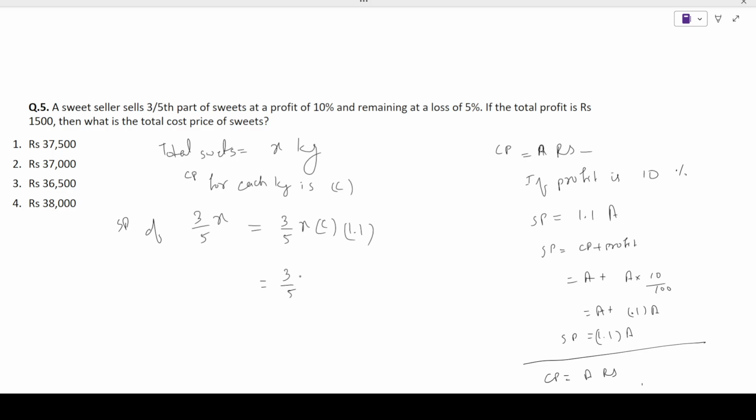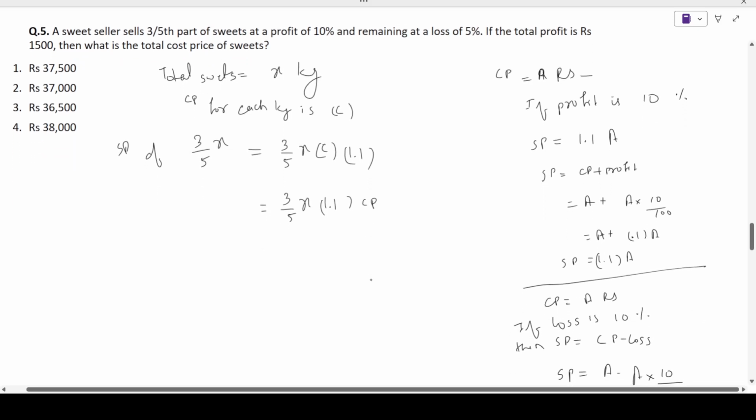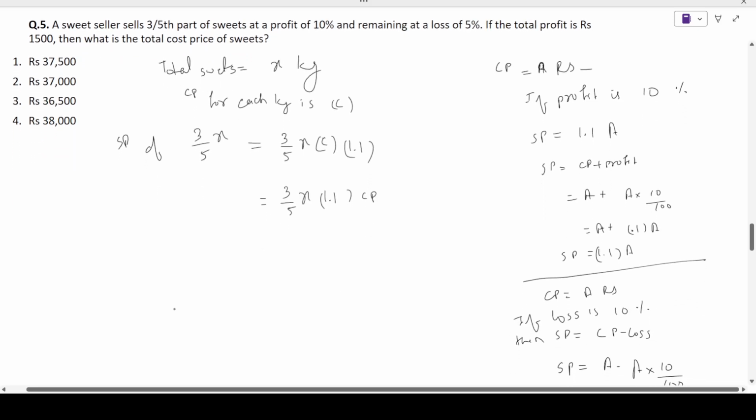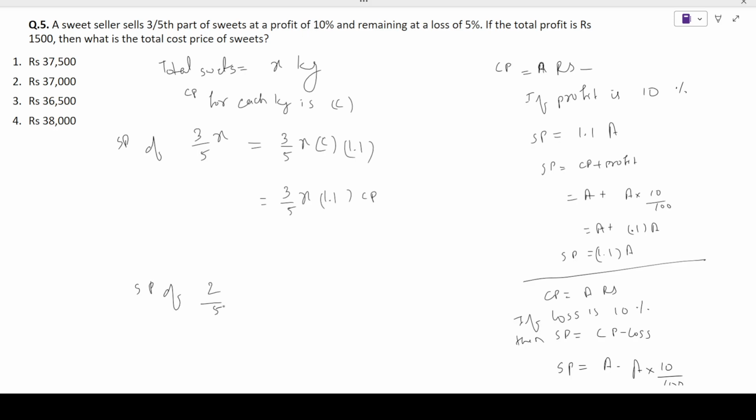For 3 by 5 parts of this sweet, we have 1.1 times of cost price, and the remaining part is sold at a loss of 5%, that is selling price of 2 by 5 x into 5% loss, which means 0.95 times of CP. We are taking cost price as C.